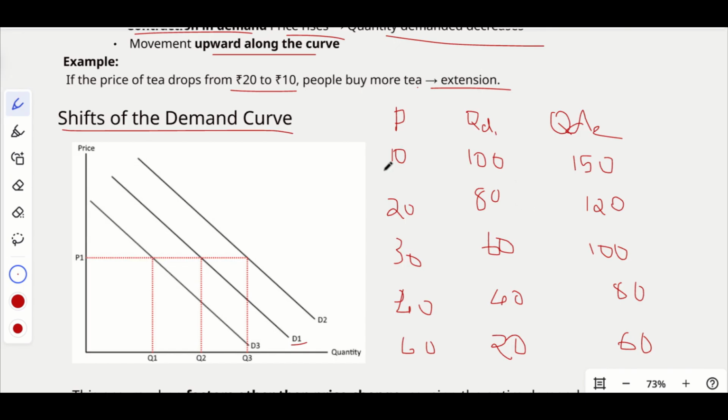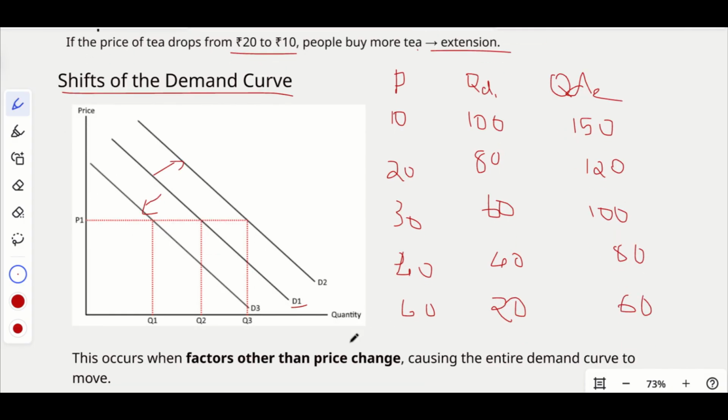There is no change in the price scale, but the quantity has changed. That is how the demand curve will shift to the right. When the quantity demanded increases at all prices due to any other reason, the curve will shift right. At the same time, if the demand decreases at all prices, the demand curve will shift left.